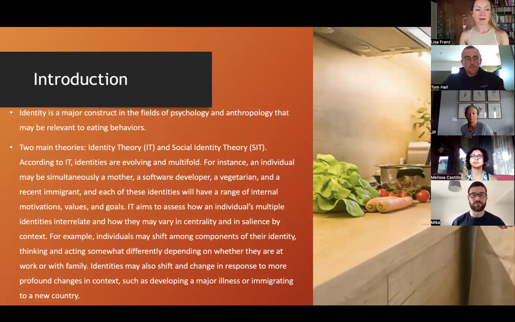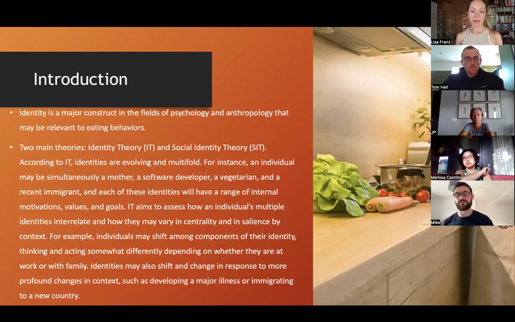According to the identity theory, identities are evolving and multifold. For instance, an individual may be simultaneously a mother, a software developer, a vegetarian, and a recent immigrant, and each of these identities will have a range of internal motivations, values, and goals. Identity theory aims to assess how an individual's multiple identities interrelate and how they may vary in centrality and in salience by context.